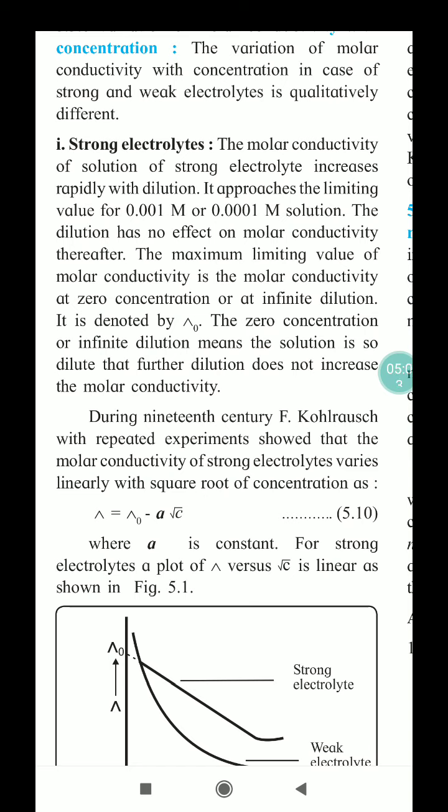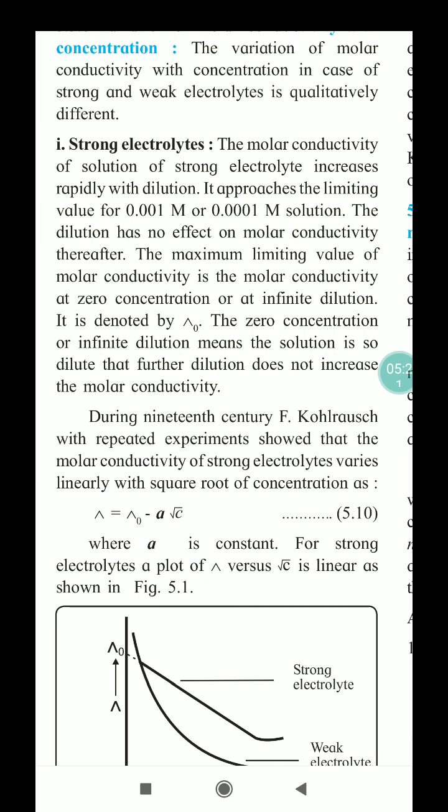That is, lambda = lambda 0 minus A root C, where lambda 0 is the value at 0 concentration, A is a constant for the strong electrolyte, and C is the concentration.